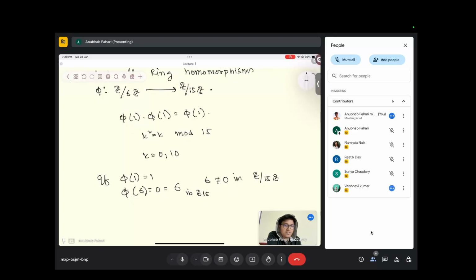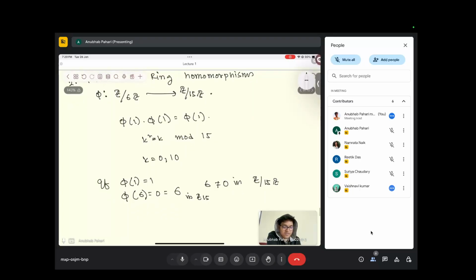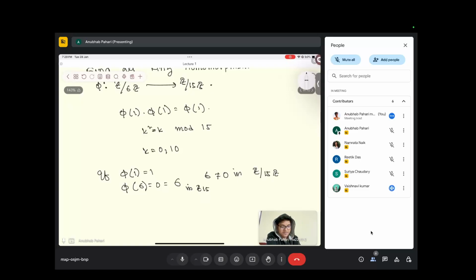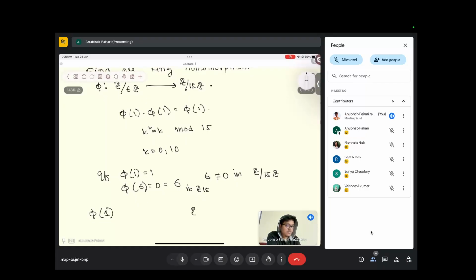Yes, like can we define phi of some class x, phi of x is 5x? So the trick is that you have to actually find where does 1 go, because Z6 is generated by 1, right?